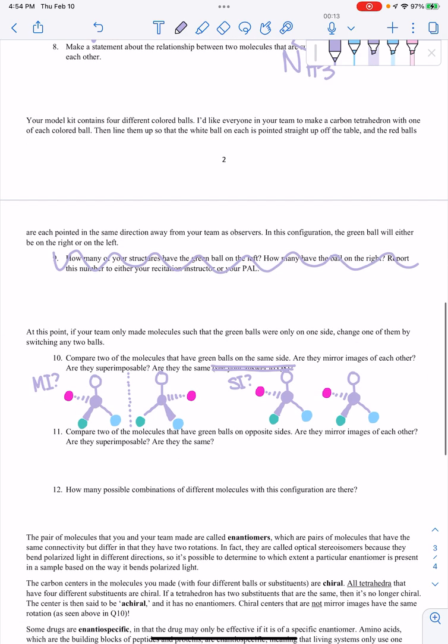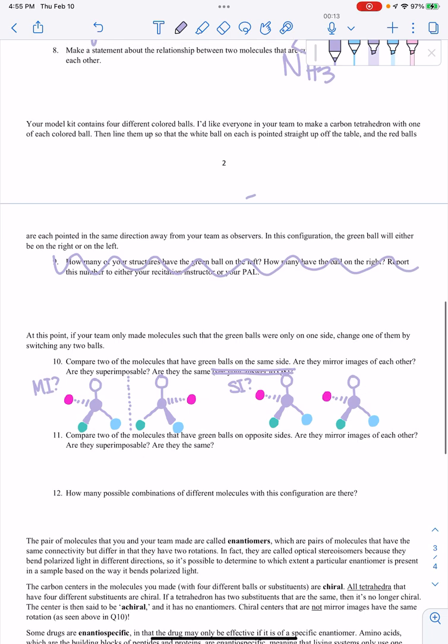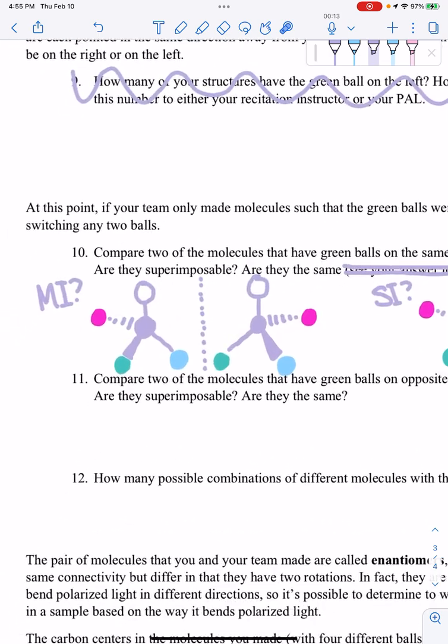So we're just going to bypass question number 9 since we did that in class, and I don't have all of you here virtually to do that anyway. But we are going to make the structures in this little blurb above question number 9. And I did that in question number 10 here.